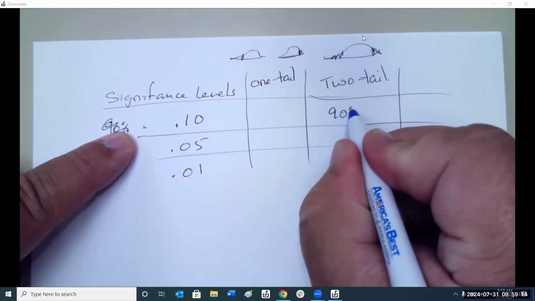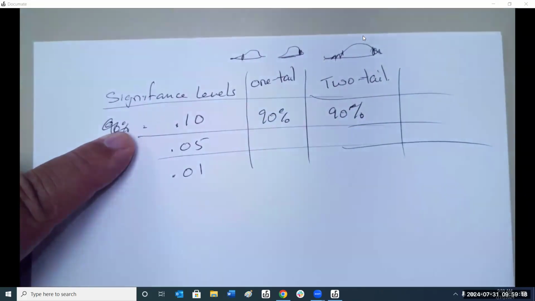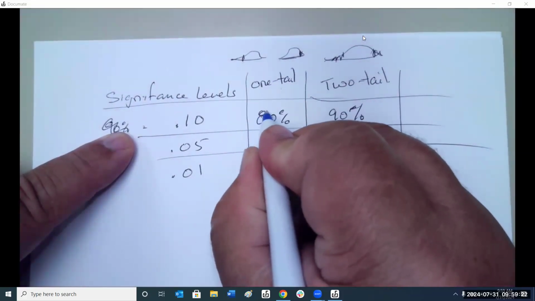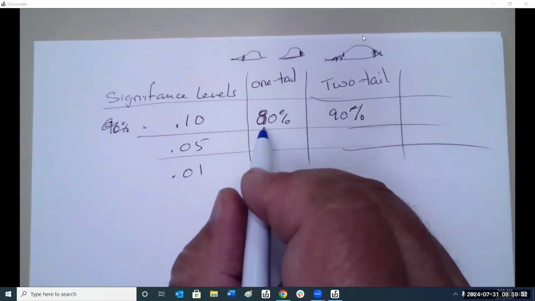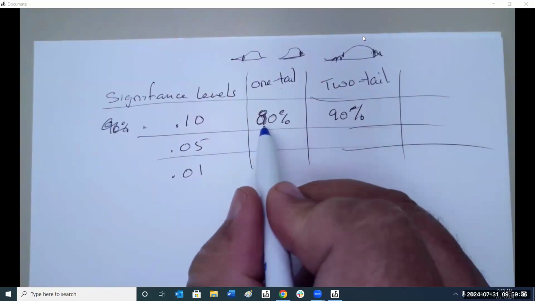That's the 90% we're looking at. Sorry, one tail is 80%. Here's the first question I have for you. Why is it 90 for two tail and 80 for one tail?